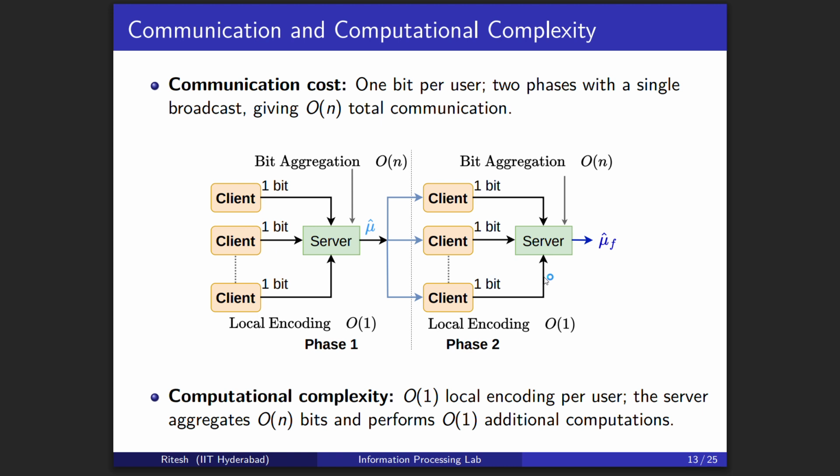The computational complexity is order 1 for local encoding per user, and the server aggregates in order of 1 bit and performs order 1 additional computation. So it is order 1 and order n in terms of communication and computational complexity.